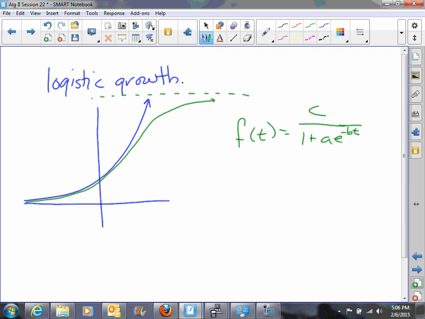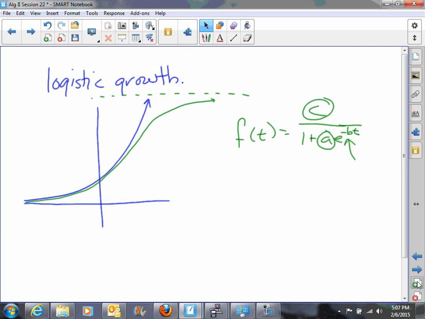Now, C and A and B will be values, at least for Algebra 2 students, that they will give you. In other words, they will say this population is described by a logistic function, and then they'll give you A, B, and C. And so all that's really required is to put those things in your calculator and punch them out. So that shouldn't be too much of a problem for you.